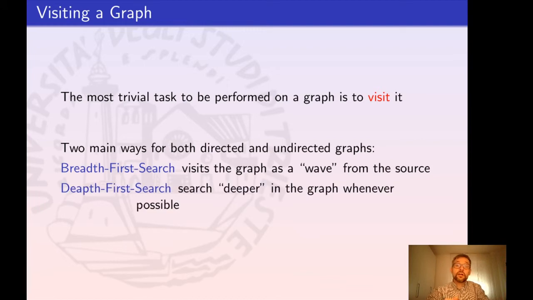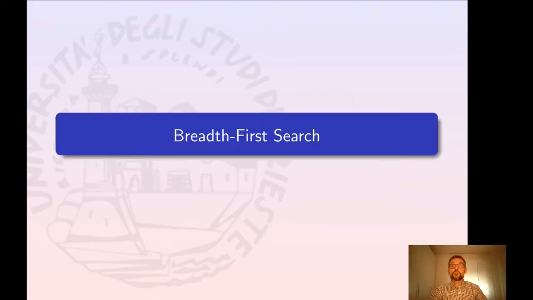The second way is depth first search, so DFS, and in this case the search will be performed going deeper, let's say. So we move along a path until the end of the path, until we cannot move to a new node, and then we go backward and we try to follow another path, and so on and so forth. Okay, but we will see it later on. First of all, let's move to breadth first search.